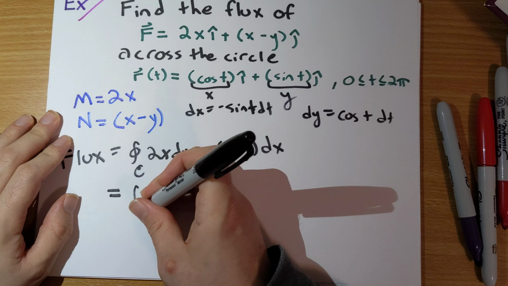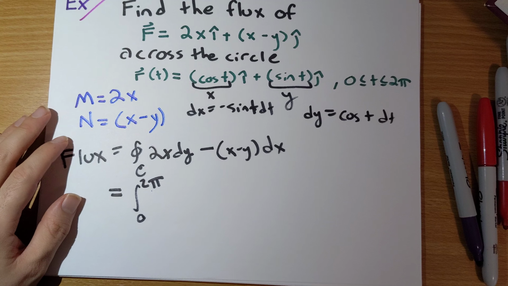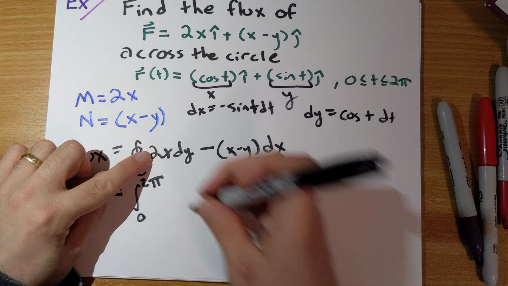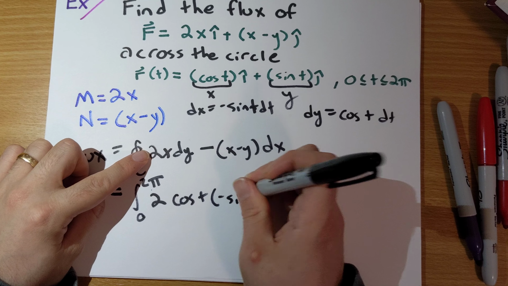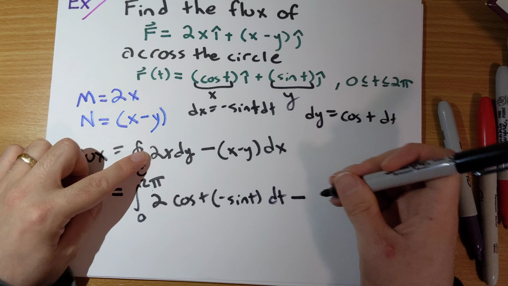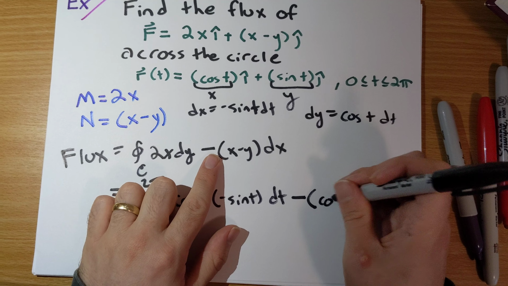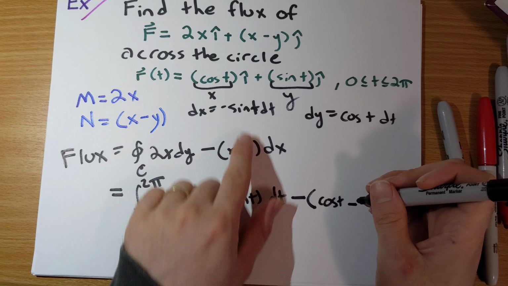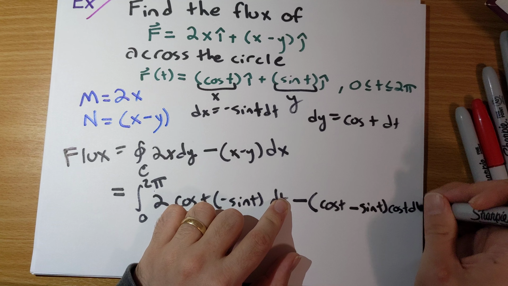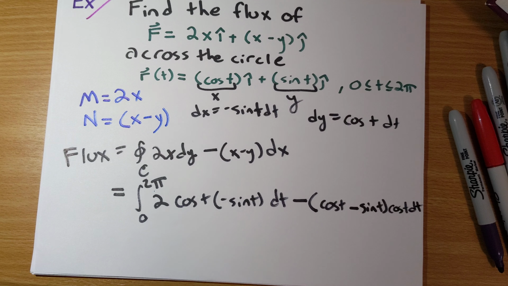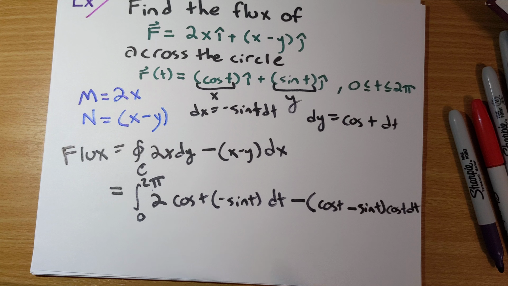And so this is the integral where t runs from 0 to 2 pi of 2x dy minus x minus y dx, with everything filled in. Okay, so this is our calculation here, if I haven't botched anything up.